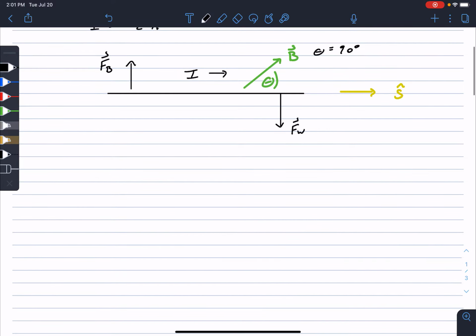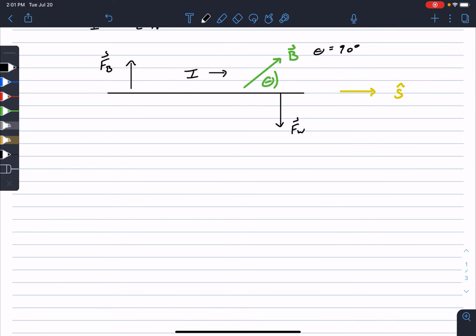So what does that mean? That means that the sum of our forces is going to be 0. We're in equilibrium, to find the bare minimum of the magnetic force just to get this thing off the ground, right? So okay, what do we have here? We have B times the current times the length of the wire times sine of the angle that the B field makes.